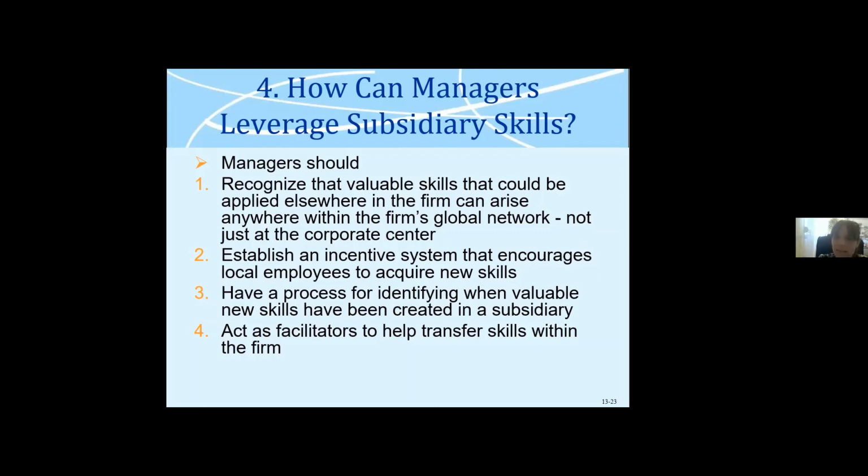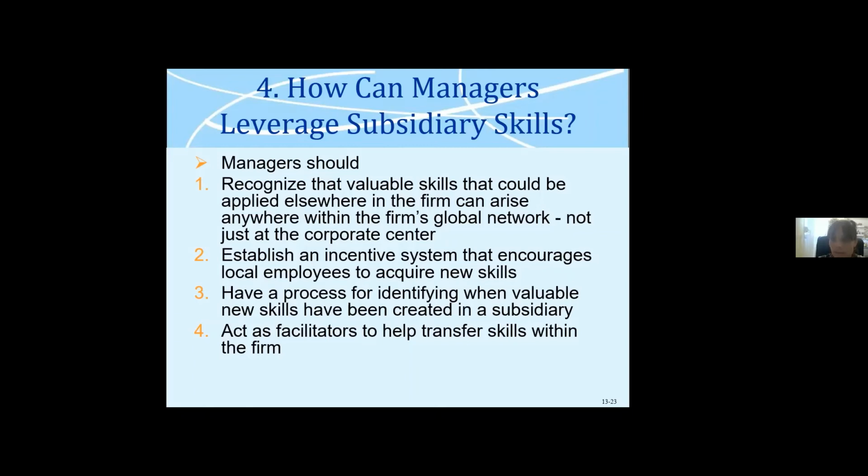Second, they must establish an incentive system that encourages local employees to acquire new skills. Third, managers must have a process for identifying when valuable new skills have been created in the subsidiaries. And finally, they need to act as a facilitator, which is very important, because it helps transfer valuable skills within a specific firm.